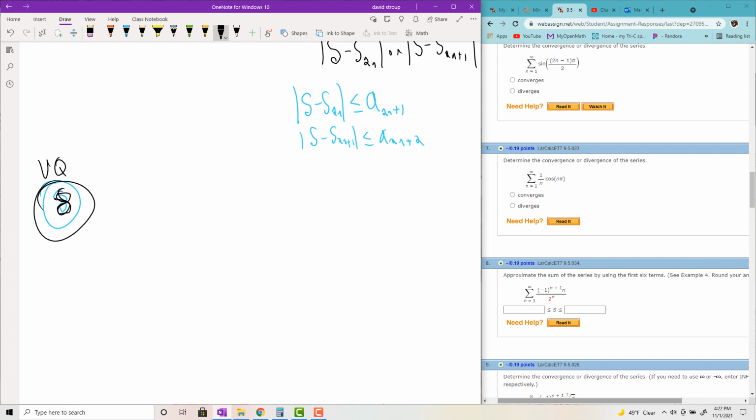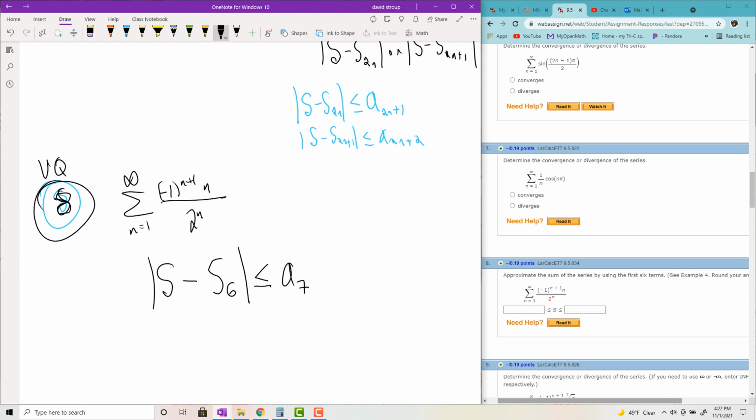So we're trying to approximate the sum of the series using the first 6 terms. (-1)^(n+1) times n all over 2^n, from n equals 1 to infinity. So we know s minus s sub 6, we want the first 6 terms, so s sub 6, the difference there will be less than or equal to the next term in line, a sub 7.